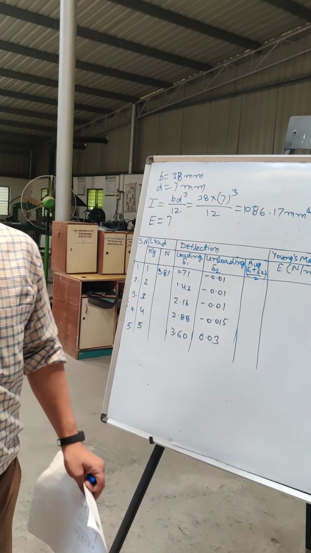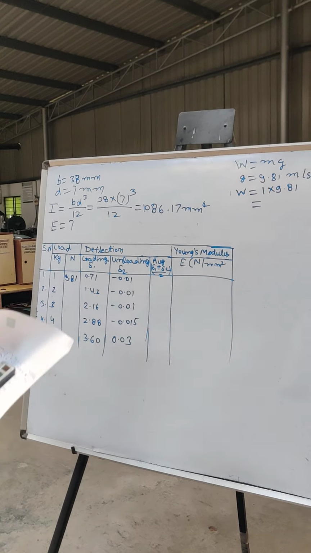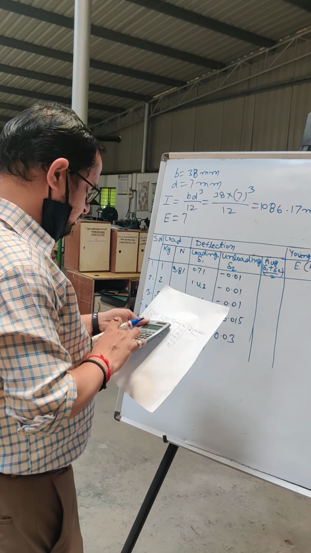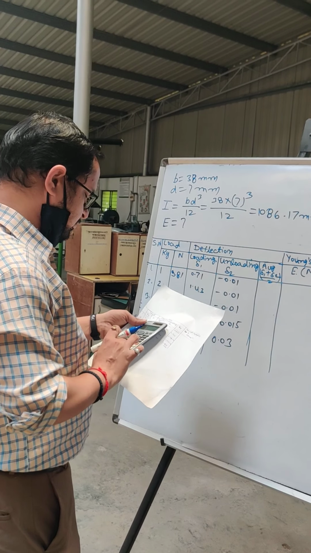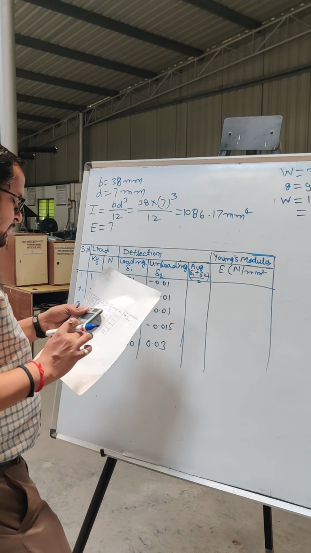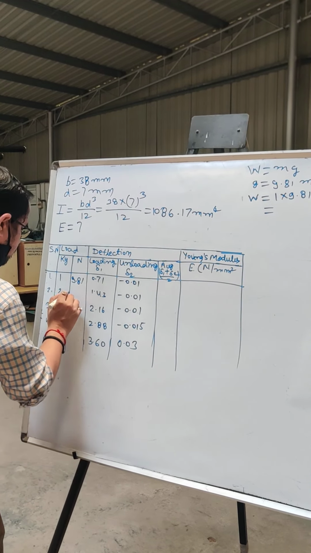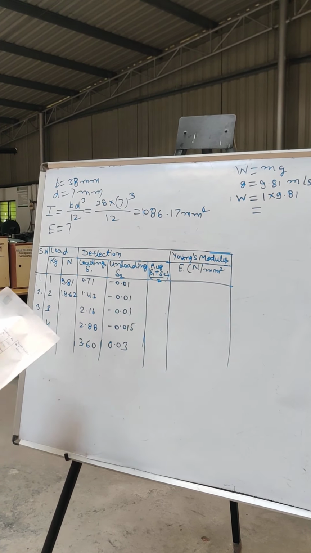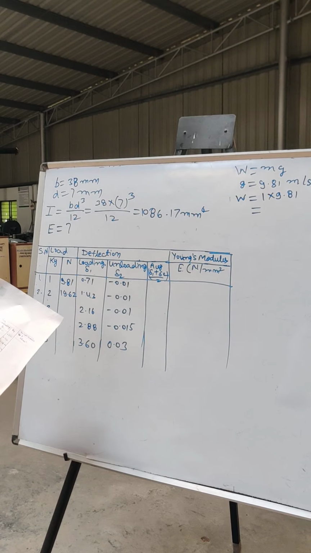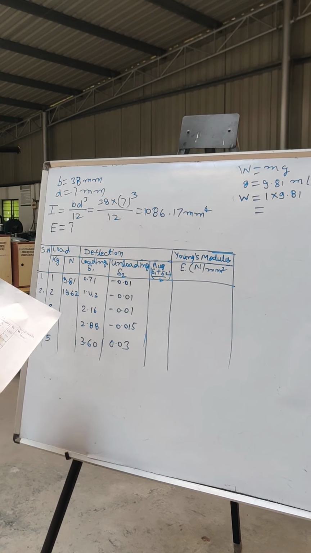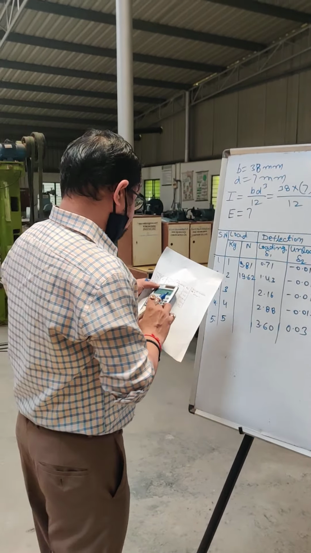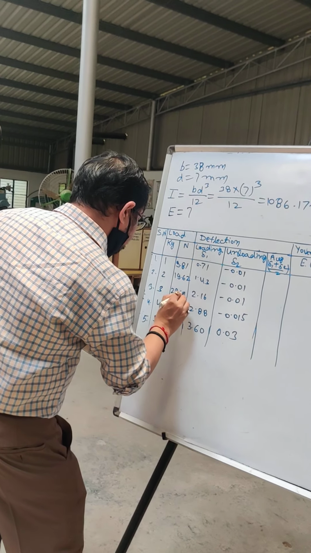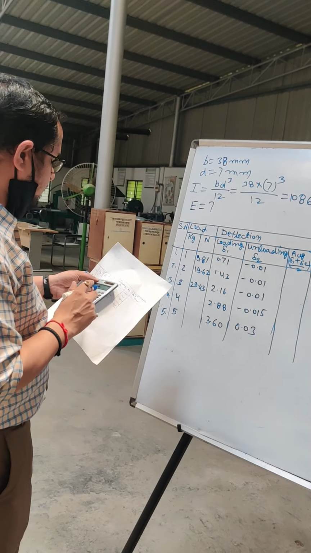And 2 into 9.81 is 19.62, so we keep 19.62 here. Next, for 3 kg, that is 29.43 Newton.